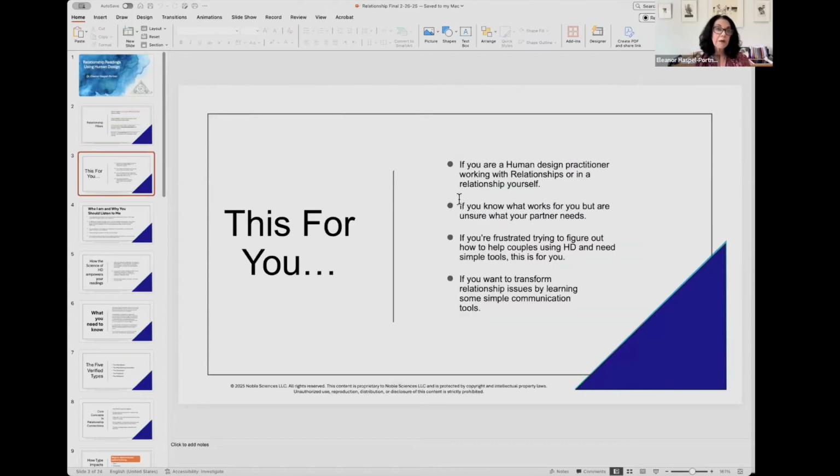As a human design practitioner, you are working with relationships and in a relationship yourself. So you want to know what works for you and you want to know what works for the partner.